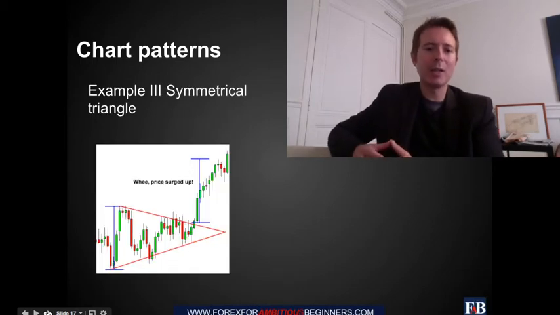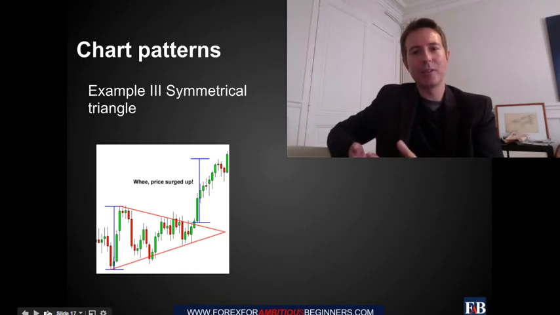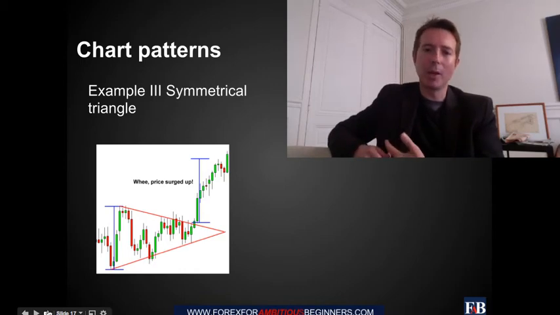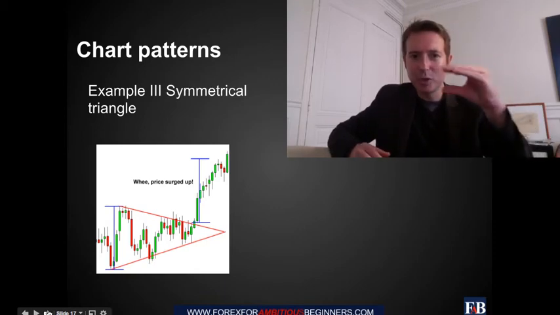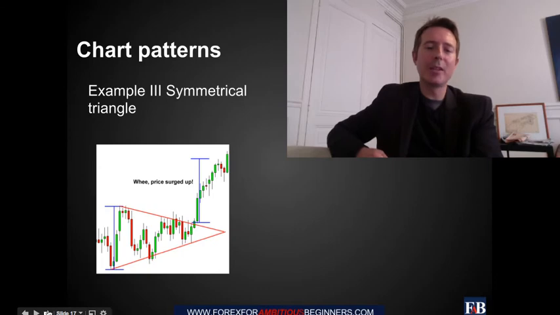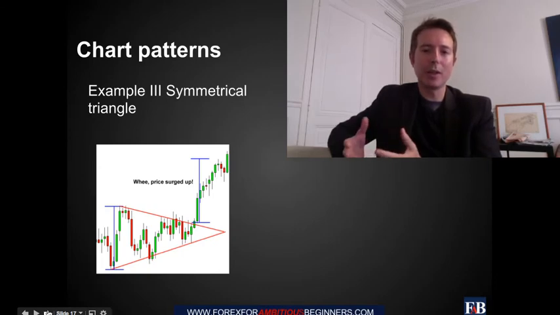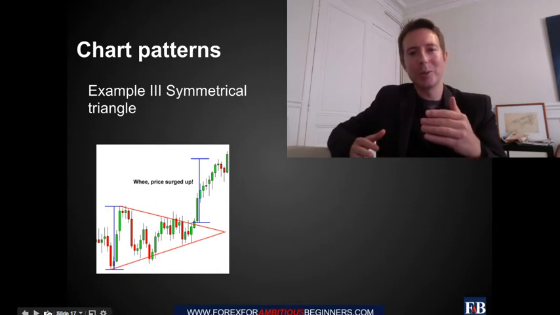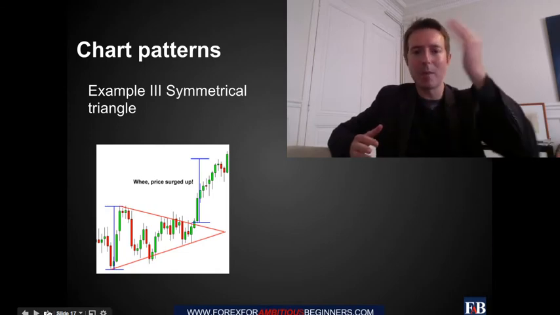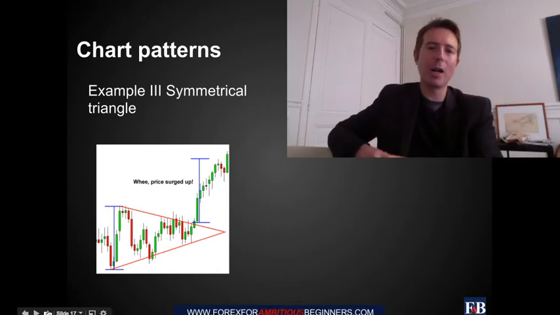It's a symmetrical triangle. What happens here is there is indecisiveness in the market. So you see that the lows become higher and the highs become lower, meaning that prices come together more and more. At this point, it's not clear whether the break is going to be to the top or to the bottom.